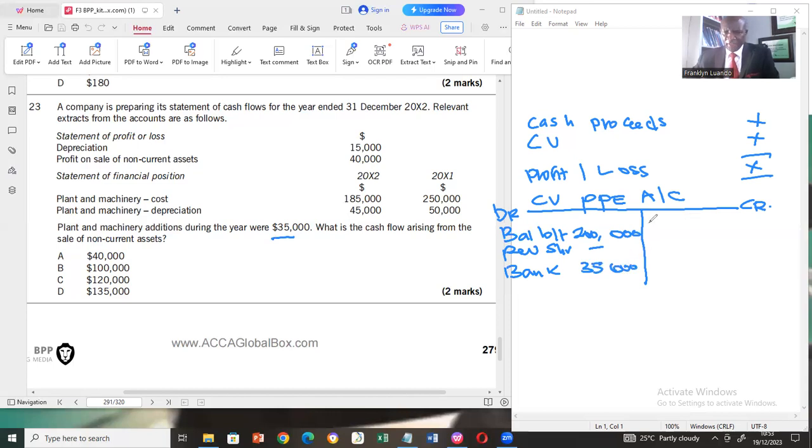Then the disposal here will be the carrying value, because the assets are at carrying value, which we don't know.